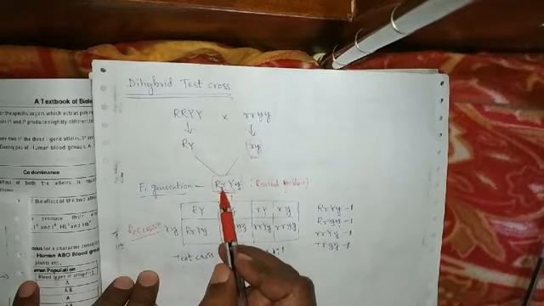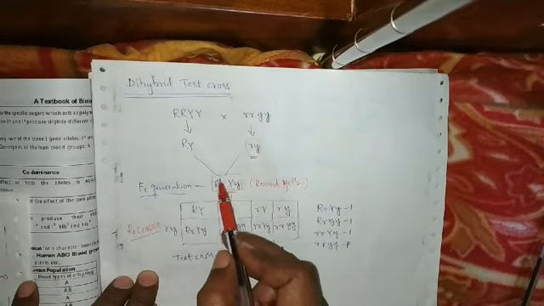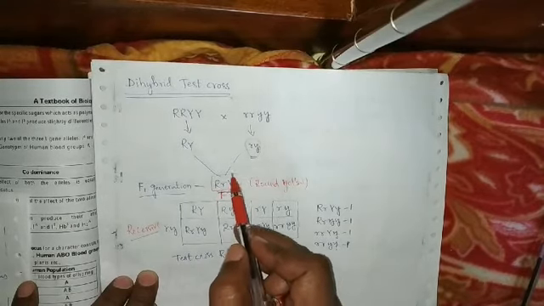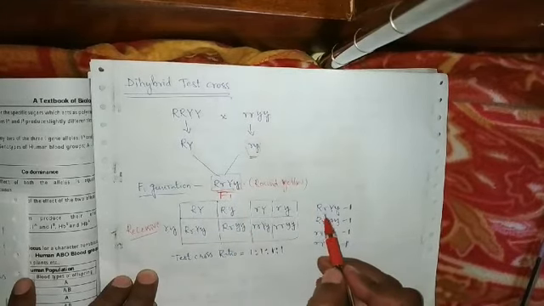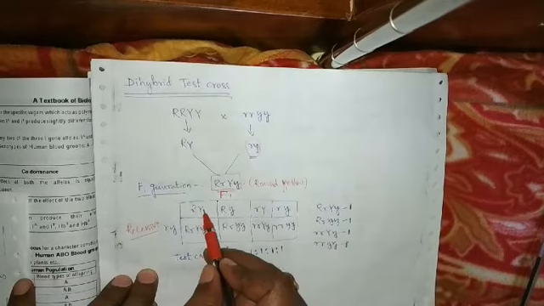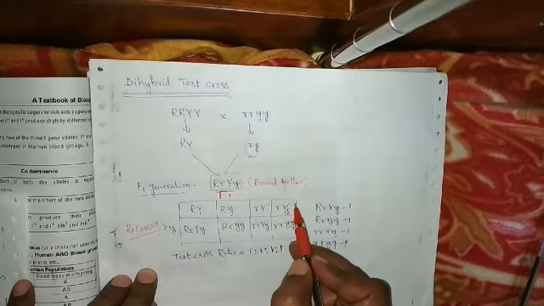If we assume that it is a heterozygous round and yellow, then we get gametes like this: capital R capital Y, capital R small y, small r capital Y, small r small y.